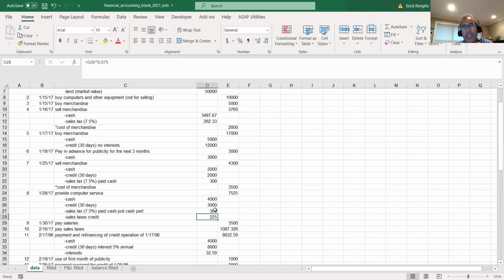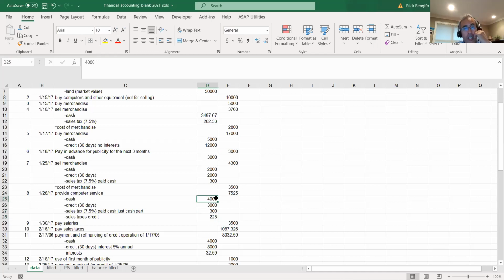So basically, what happens here is that the taxes are going to be paid. This 300 corresponds to 7.5% of $4,000. And this 225 is the taxes for this $3,000. According to this transaction, they pay you only the taxes in cash. As you're going to see, guys, this is something that people don't accept. Normally, they can give you credit, but they are going to request that you pay them the sales tax in advance. So basically, they're going to request you to pay these ones here. But let's go and you're going to see the impact of that.